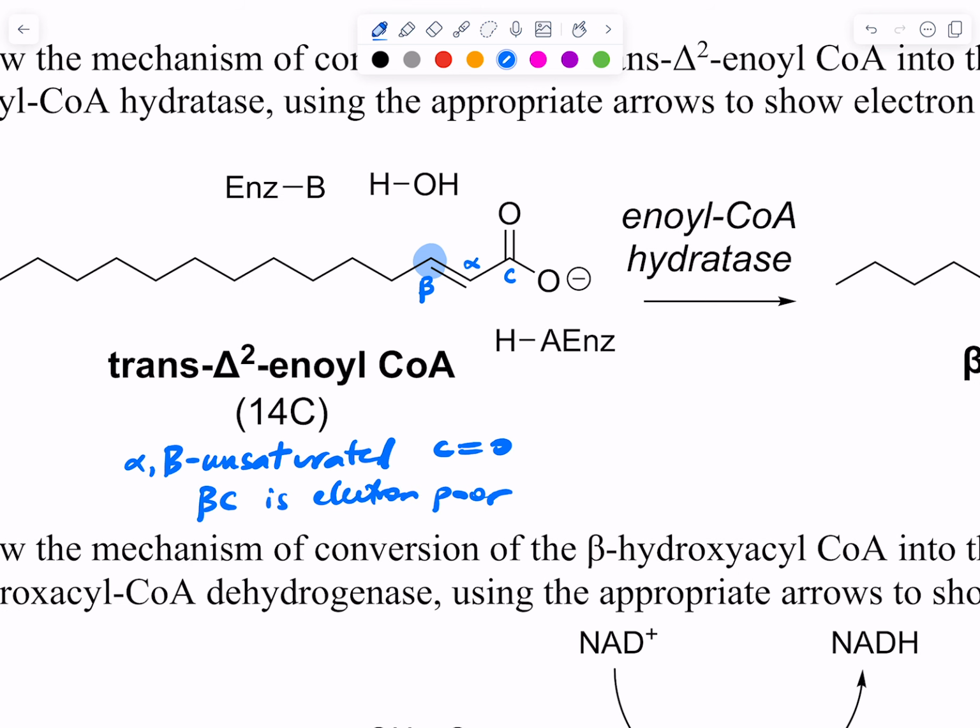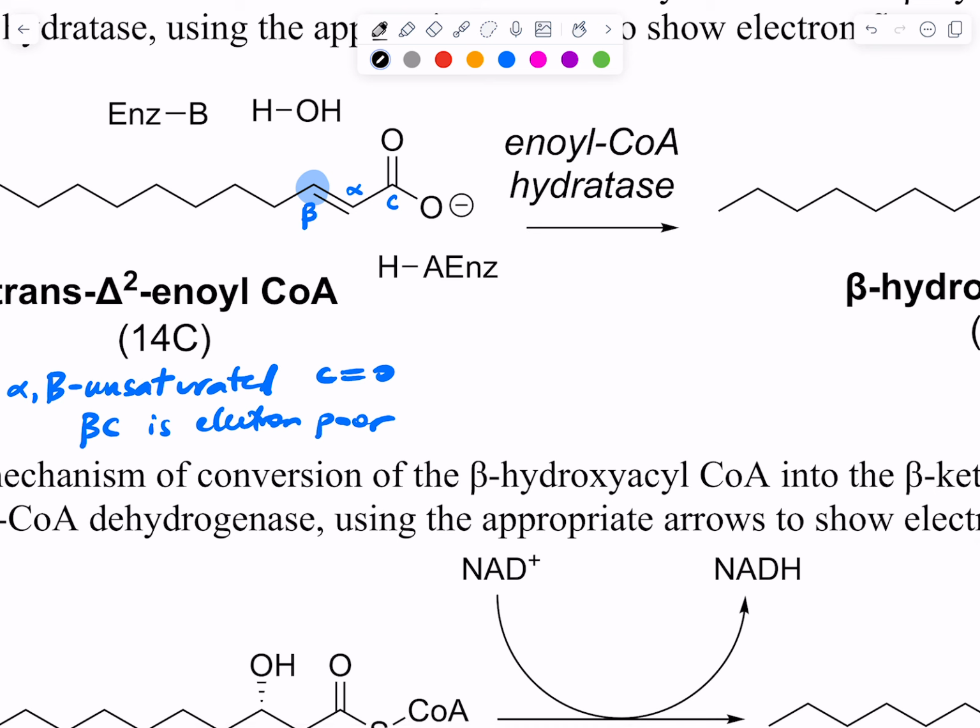You can convince yourself of that by drawing a resonance structure for the alpha beta unsaturated carbonyl compound in which you move the pi bond over from alpha and beta to between alpha and carbonyl carbon, and then you break the pi bond and move it out onto the oxygen as a lone pair, and that would leave a positive charge on the beta carbon.